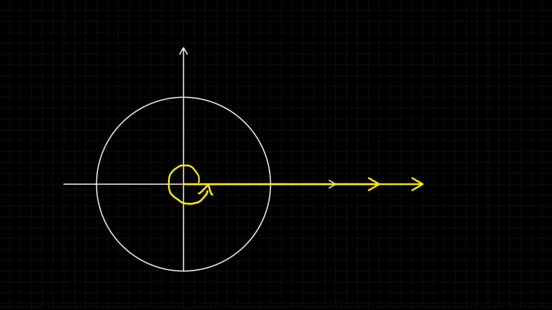Now remember the definition. Let's go ahead and label this t. t is going to be the length of the arc that's subtended divided by the radius. So let's think about the arc that is subtended here.